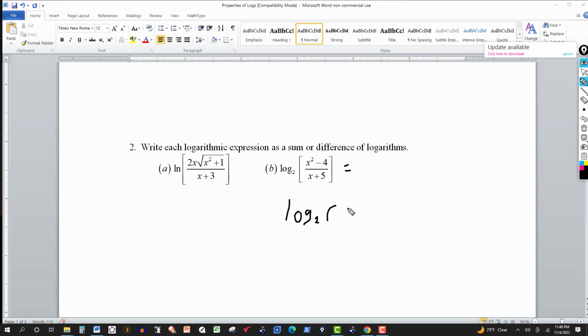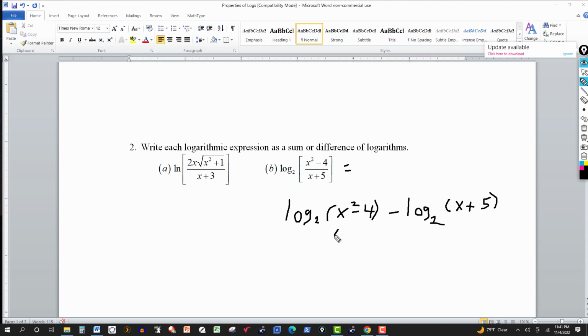So this would be log of x squared minus 4, minus the log to base 2 of the denominator, which should be x plus 5. And then this one, the log of x plus 5 to base 2, that's about all I can do with this one.